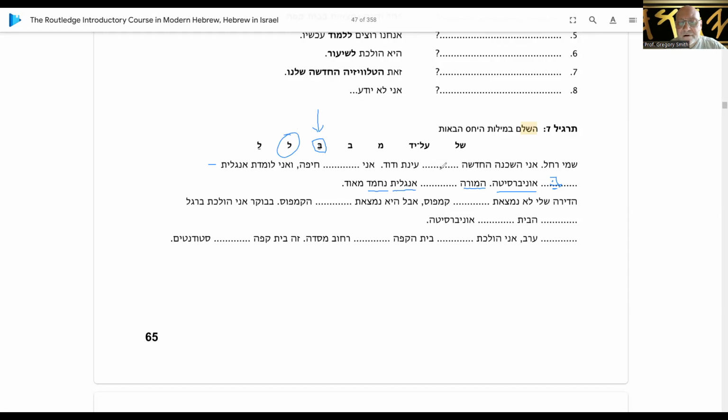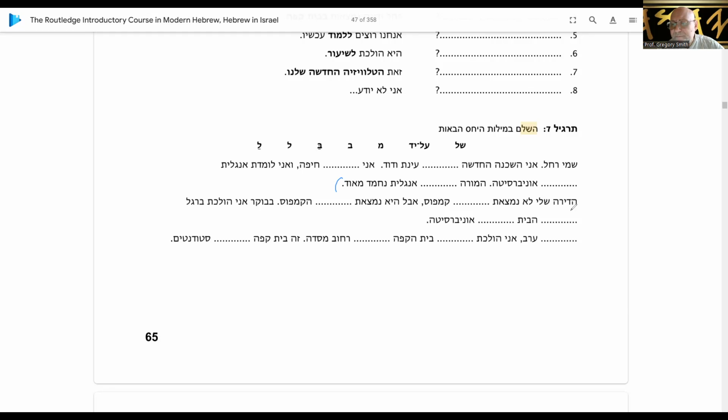It's going to go down there. Okay, le Anglit. So this entire phrase right here goes together. Hamore le Anglit. So it's the English teacher. Nahmad Me'od is very nice. Okay, now so that finishes that there.